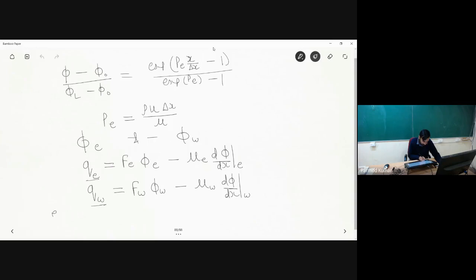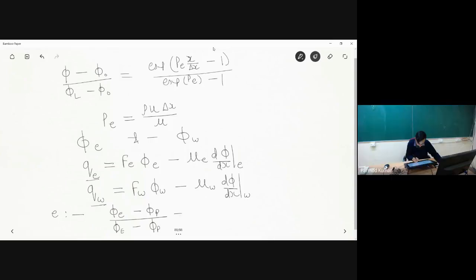So if you consider exponential variation, what will you find? Say if I calculate for phase E. So for phase E, my phi E minus phi naught divided by, so what will be phi naught over here? Can you tell me for phase E, what will be phi naught? Phi P. Phi P will be my phi naught, and over here I will be having phi L as nothing but my phi E minus phi, what will be the next term?